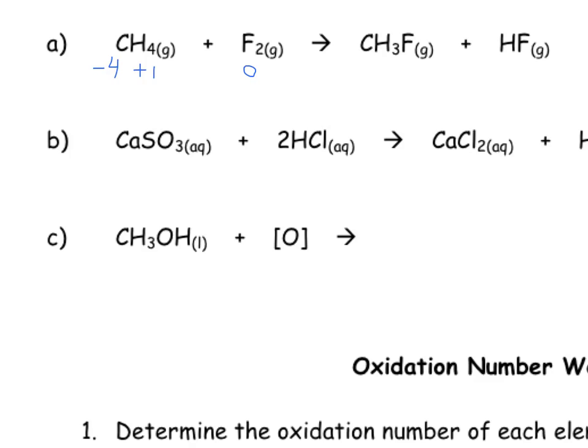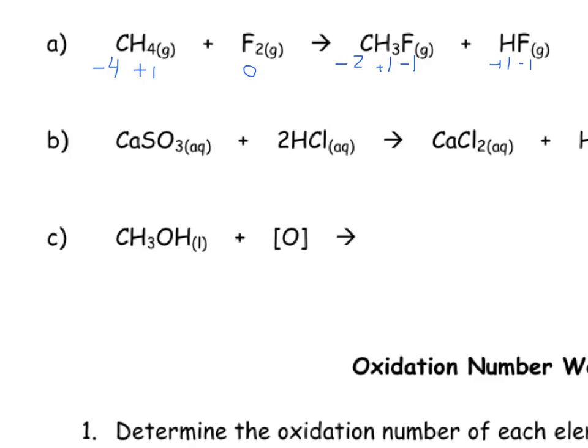In CH3F, hydrogen will have a plus 1, and because fluorine is more electronegative than carbon, it will have an oxidation number equal to its charge, minus 1. That means in order for the compound to balance to 0, this carbon must have a minus 2. And for HF, plus 1 and minus 1.